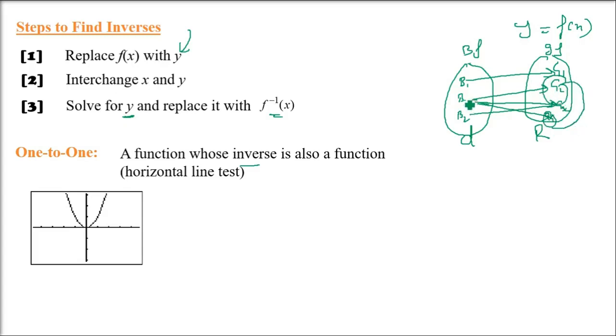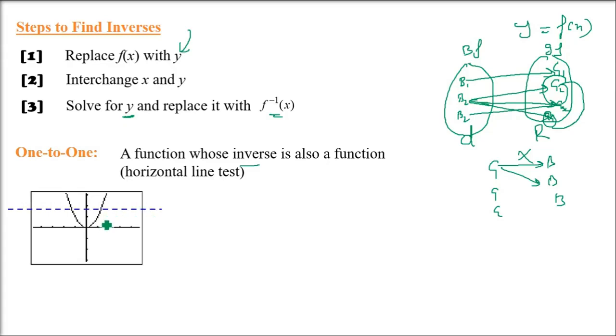And by the definition of a function, one x value cannot have two y values, because ultimately when we take the inverse, we interchange the two sets. A will become the B set, B will become the A set. So now this is not a function. A girlfriend cannot have two boyfriends if you reverse this.